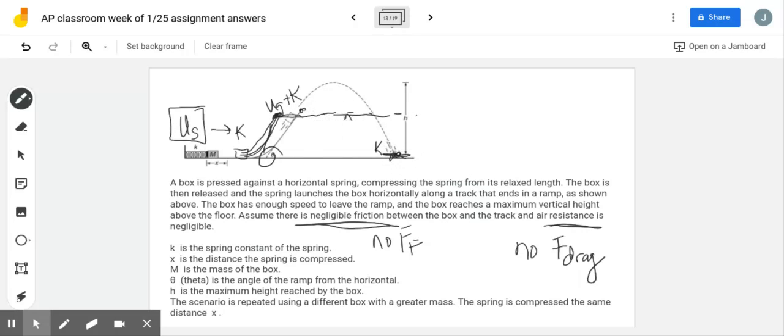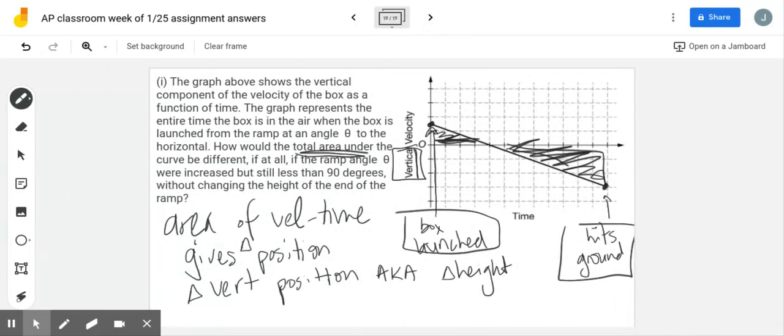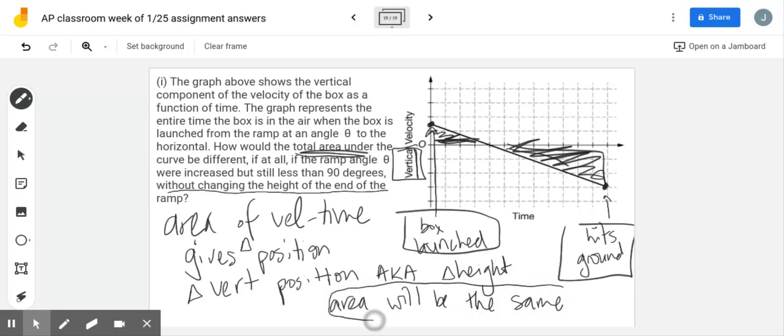That's all they're asking about. Okay, so going back to the slide, because of this part right here, without changing the height of the end of the ramp, we know that area will be the same. Crazy, right, you guys? But true.